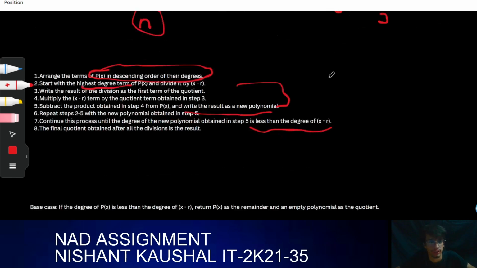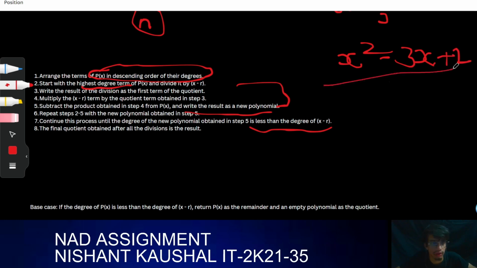So let's take an example, x squared minus 3x plus 2 divided by x minus 1. So as we know, x squared minus 3x plus 2 can be written as (x minus 1) times (x minus 2).